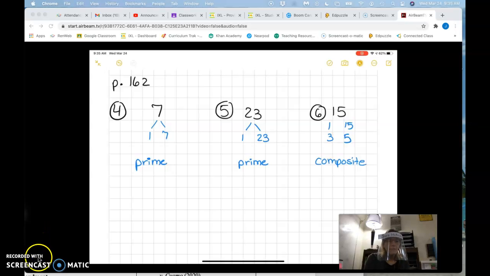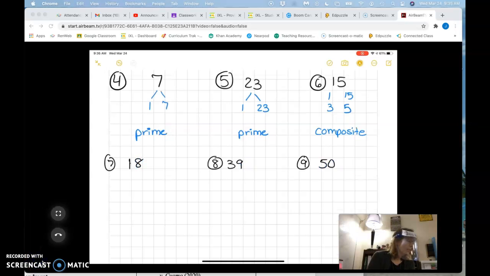There we go. 7, 8, and 9, it says write the prime factorization of each number. Use exponents for repeated factors. So I'm going to do my factor tree now. If you like the cake method and the cake method makes more sense to you, feel free to use that. Okay? I just like the tree.